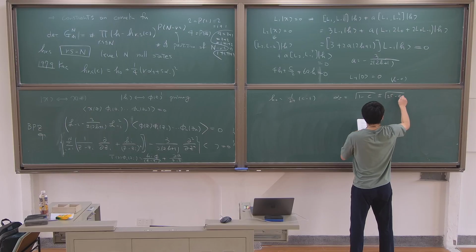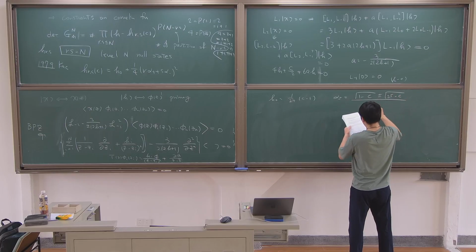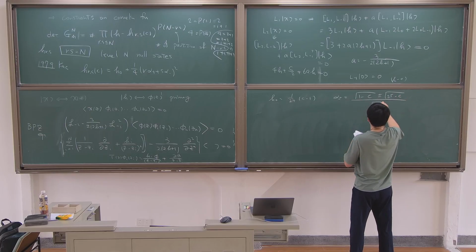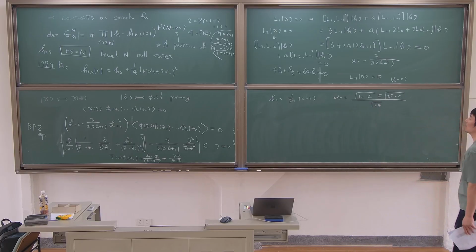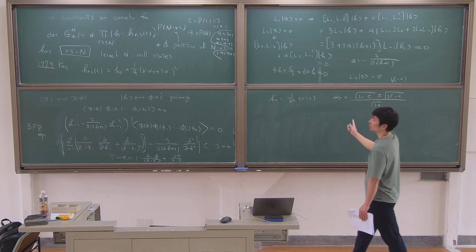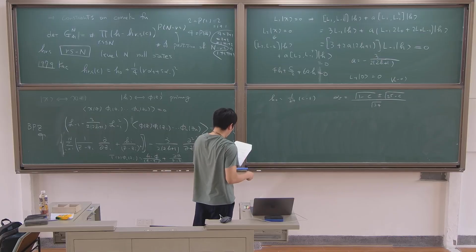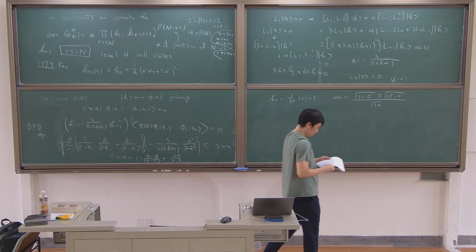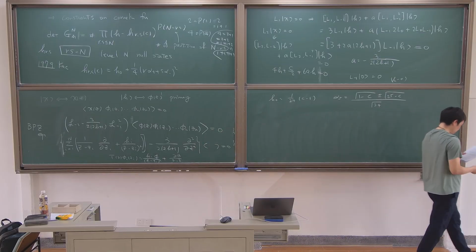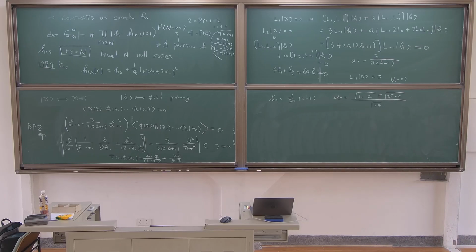So that's the expression for level n: given r and s, you can have this conformal weight expression.